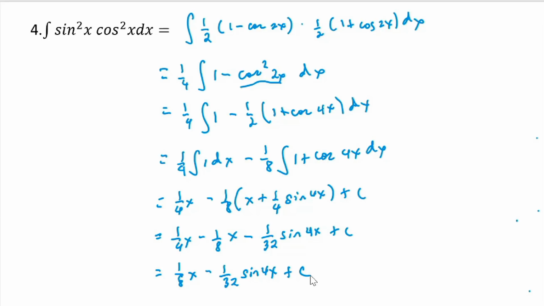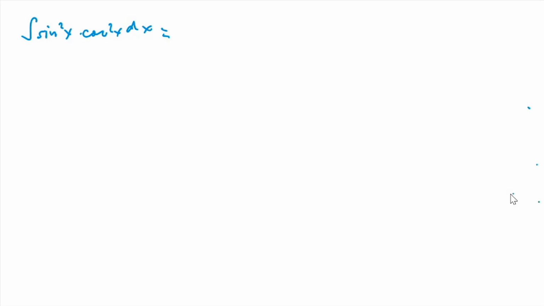Okay, but I can also present another solution aside from this. So I will just show it here in the next slide. The integral of sine squared x cosine squared x dx can also be solved using the integral of sine x cosine x, the quantity raised to the power of 2 dx.